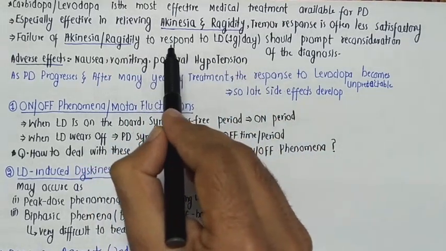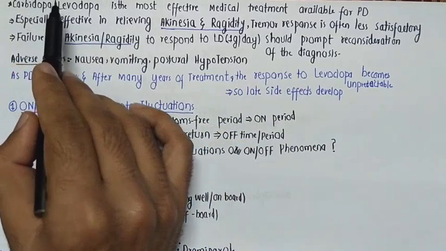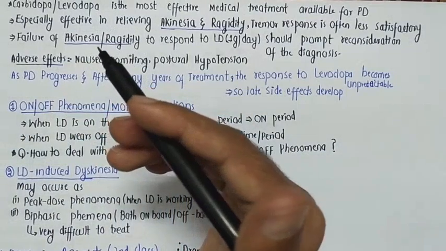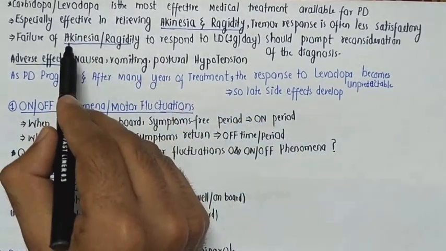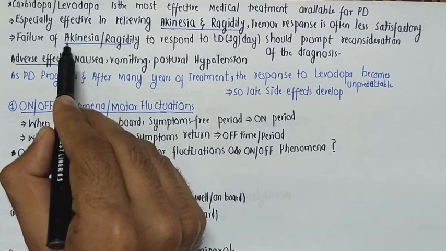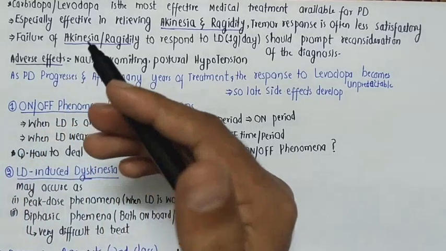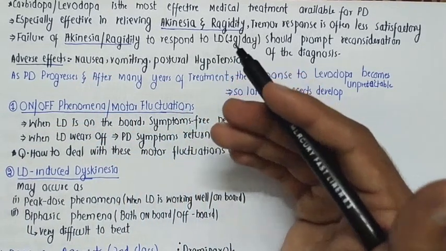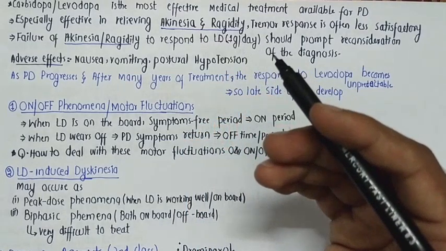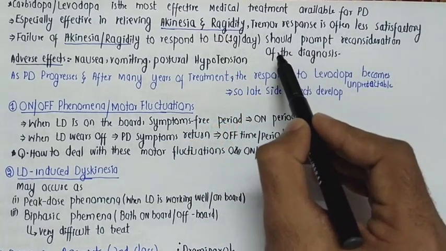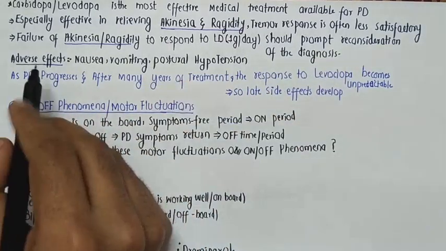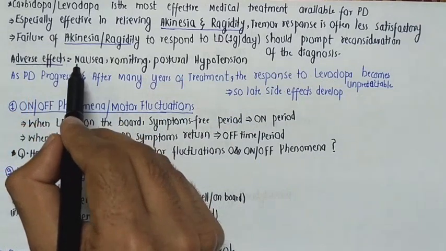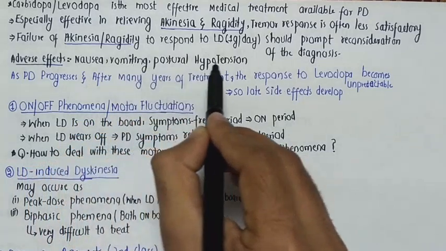This shows the efficacy of this drug in treating akinesia and rigidity, because when we put a patient on levodopa-carbidopa and the symptoms, especially akinesia and rigidity, fail to respond, you may have made a mistake in diagnosing this patient. The adverse effects of levodopa are nausea, vomiting, and postural hypotension.